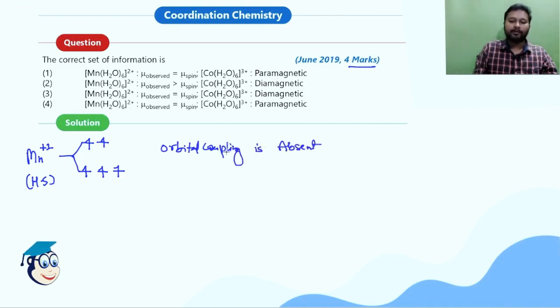If orbital coupling is absent, then the mu observed, that means the observed magnetic moment, will be equal to mu spin, just the spin only magnetic moment. Now the question arises, when will this orbital coupling be present?